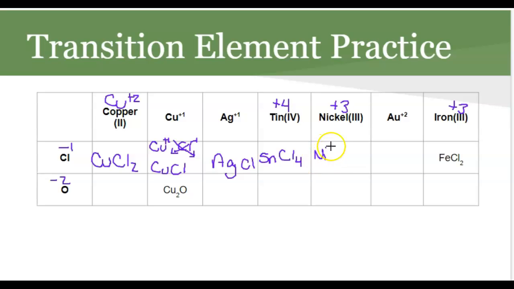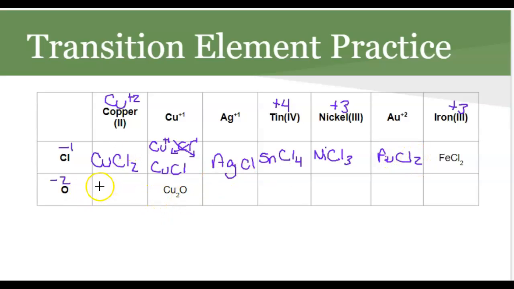Nickel is a +3, so I'm going to need 3 chlorines to balance it out. And Au is a +2, so, I don't know why I did Ag. Yikes. Let's pretend that didn't happen. So Au is a +2 will balance out with chlorine if I have 2 of them.